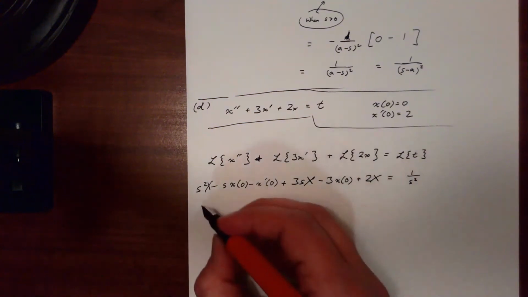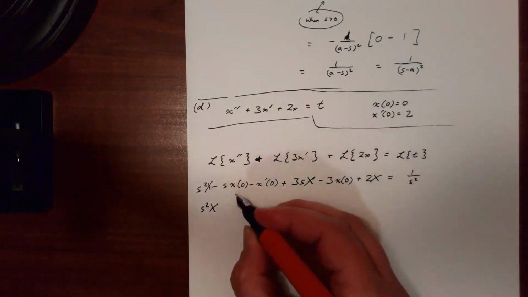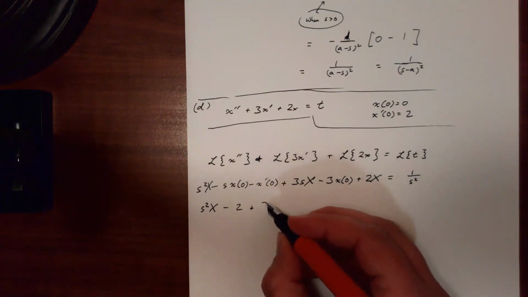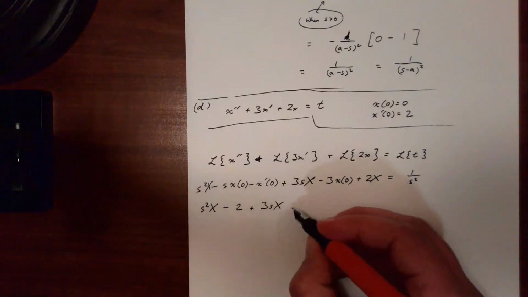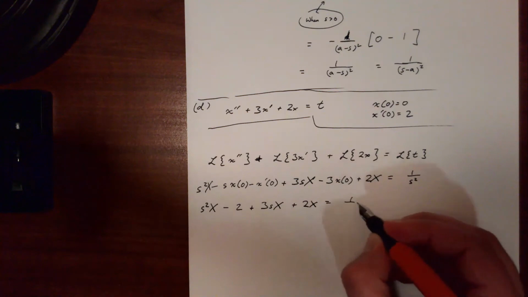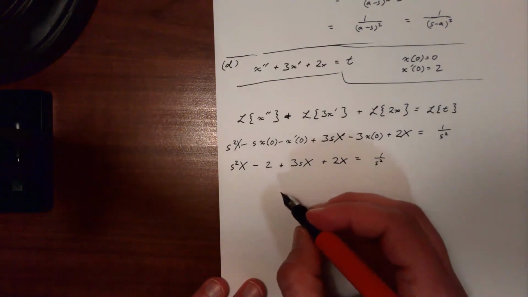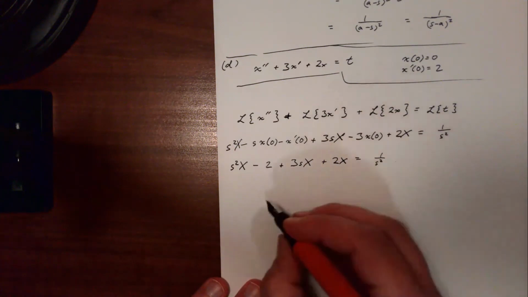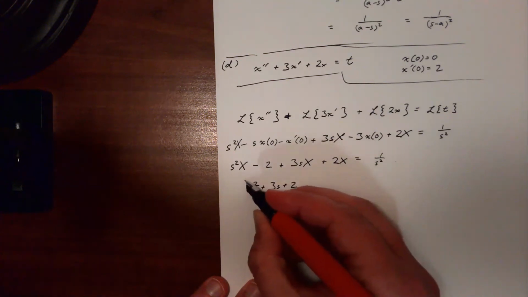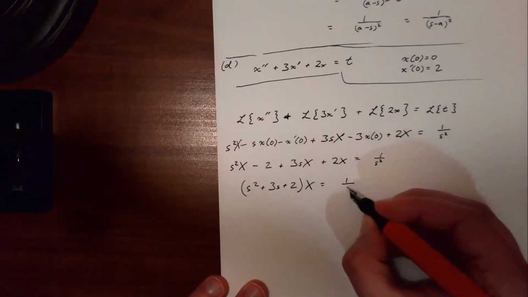Okay, so now what's this going to equal? Put in all the initial conditions here. So it's going to be 0 minus 2 plus 3sX minus 0 plus 2X. Now, what is that going to give us? It looks like that is going to be equal to (s squared plus 3s plus 2) times X is going to equal 1 over s squared plus 2.